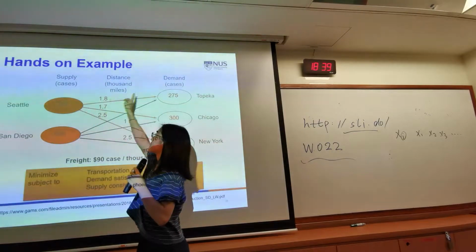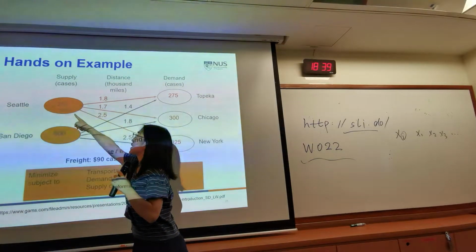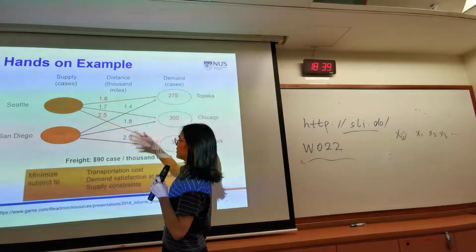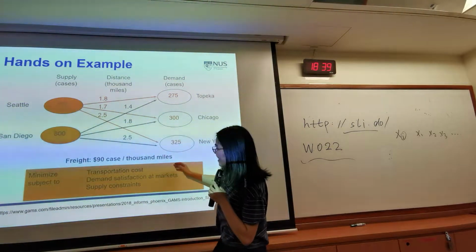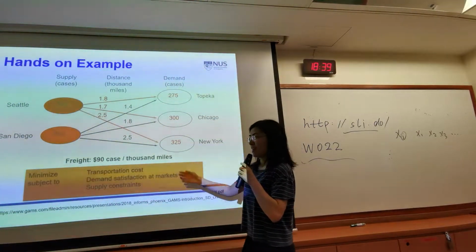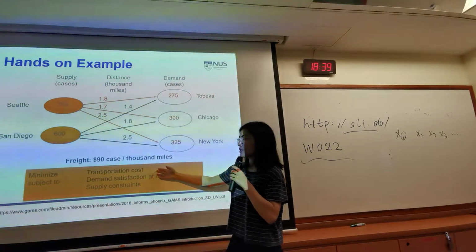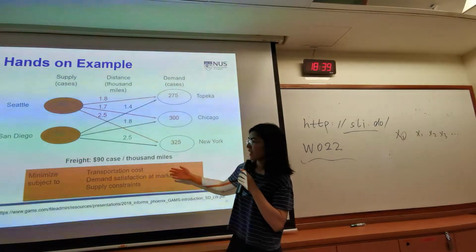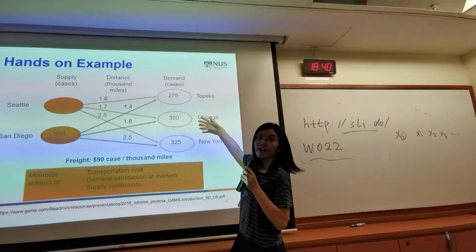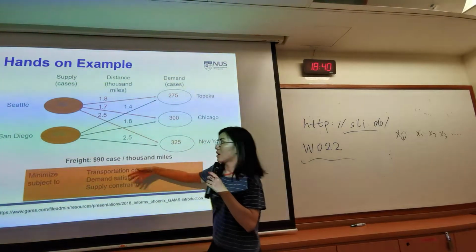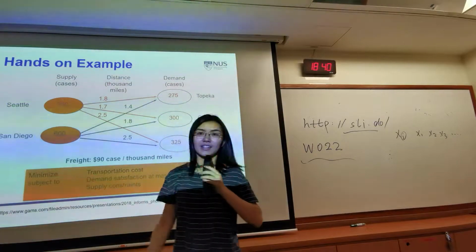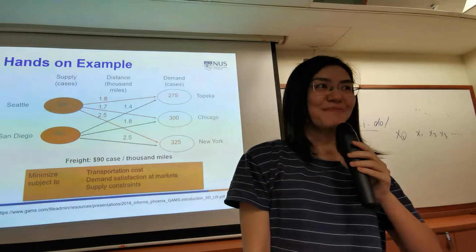This is the distance from Seattle to Topeka, etc. So our goal is to minimize the transportation cost subject to the satisfaction at all the markets and the supply constraints.